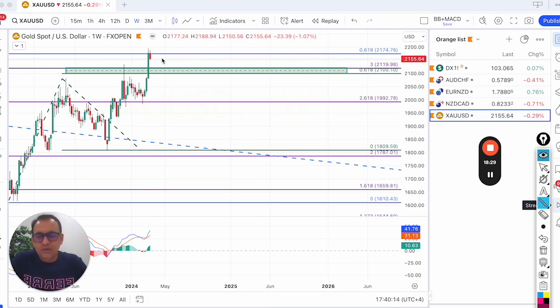So if dollar gets correction in the upward direction in the upcoming week, we can expect some correction in gold, and the first anticipated levels are 2100 to 2120. So this is the zone. So you can expect correction and then continuation to the upside, because I do not see any signs of bearish divergence being formed on MACD for gold. So weekly chart is purely bullish.